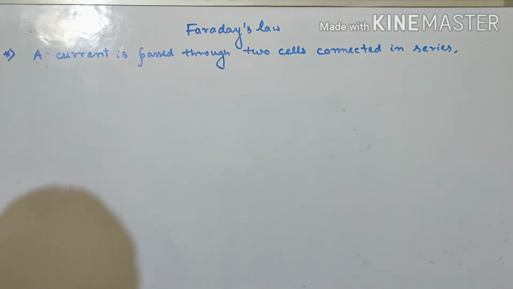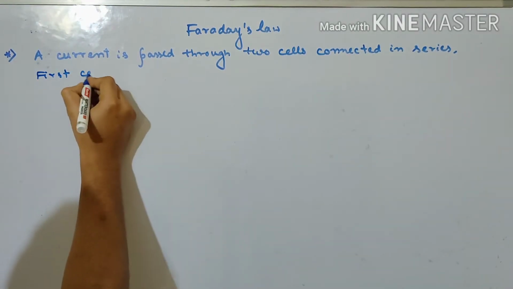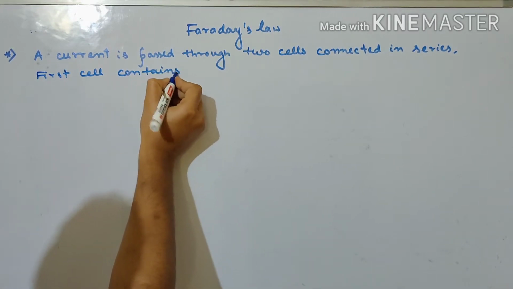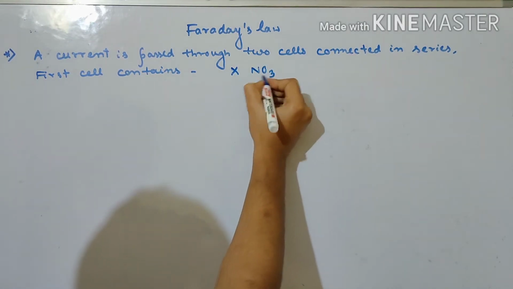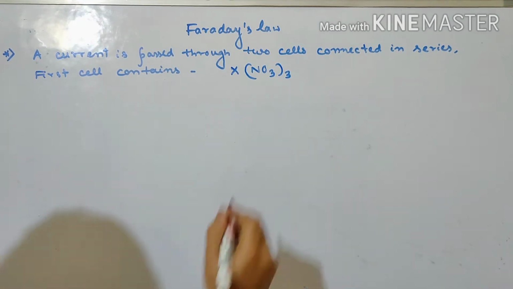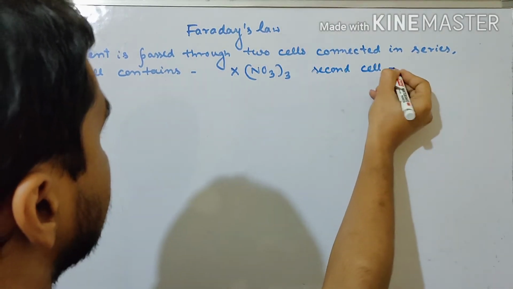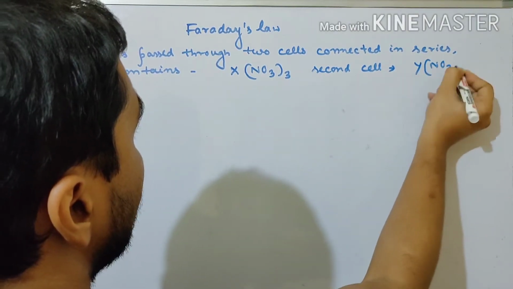The first cell contains X(NO3)3, and the second cell contains Y(NO3)2.